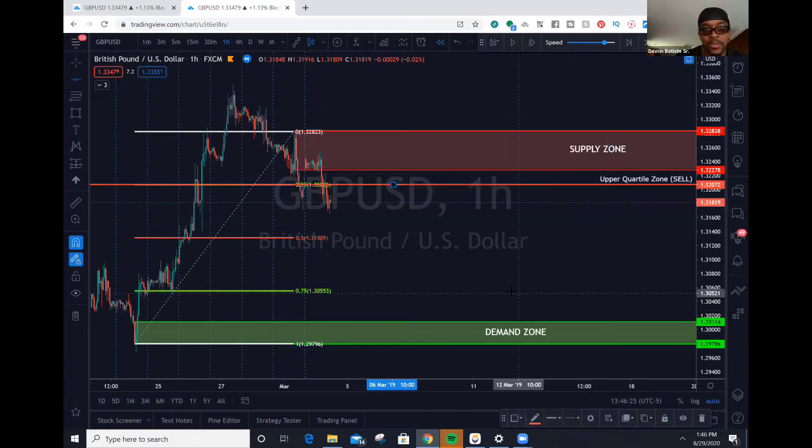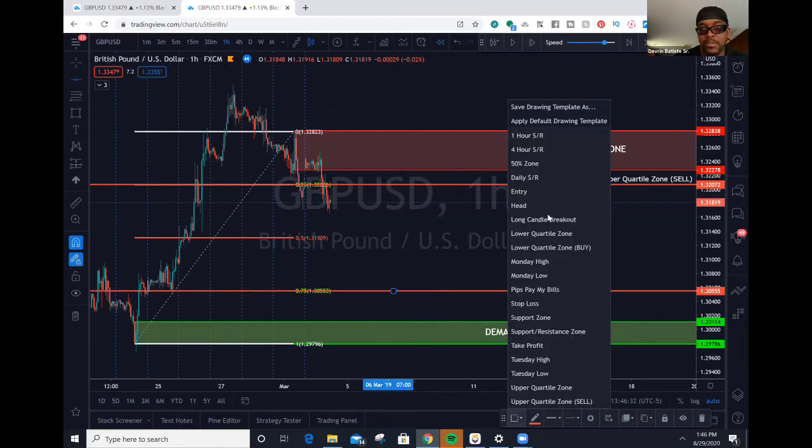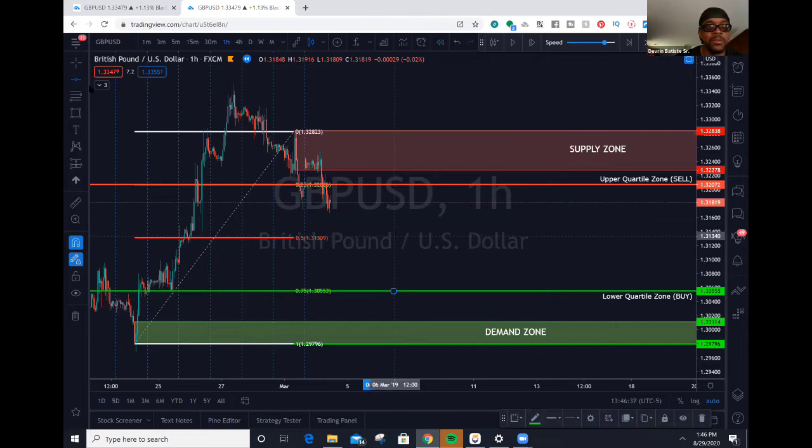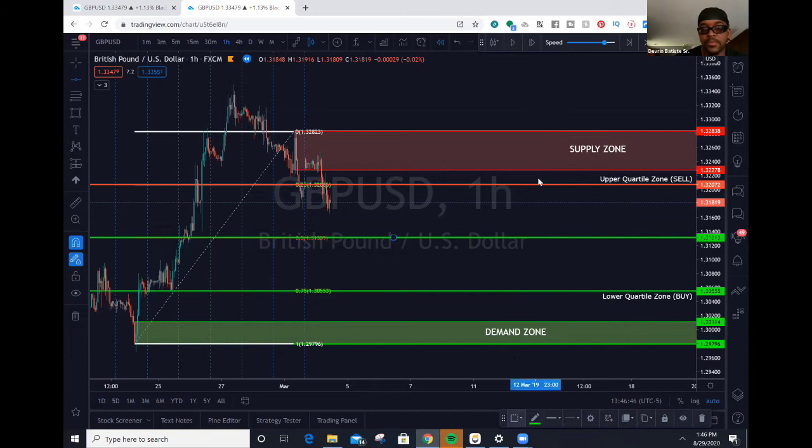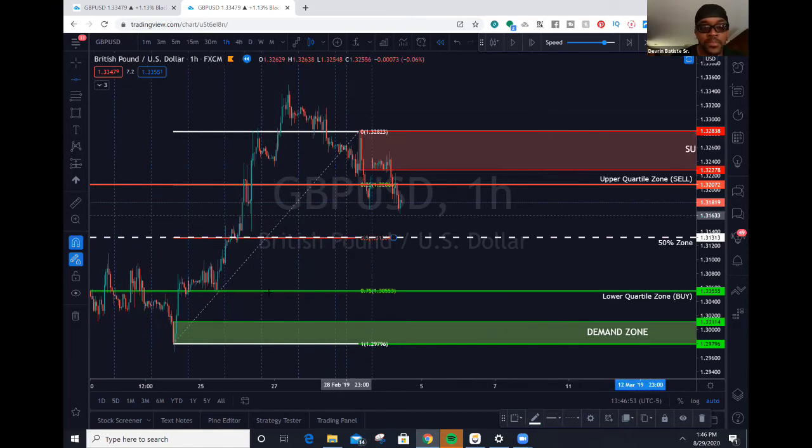Then you have the 75, which is the lower quartile zone, and you buy from there. And the 50%, you don't have to mark 50, but I do anyway. So now you've drawn your fibs from here up to here.